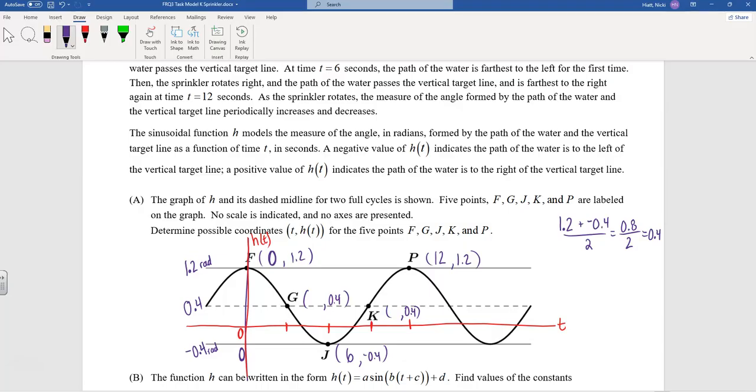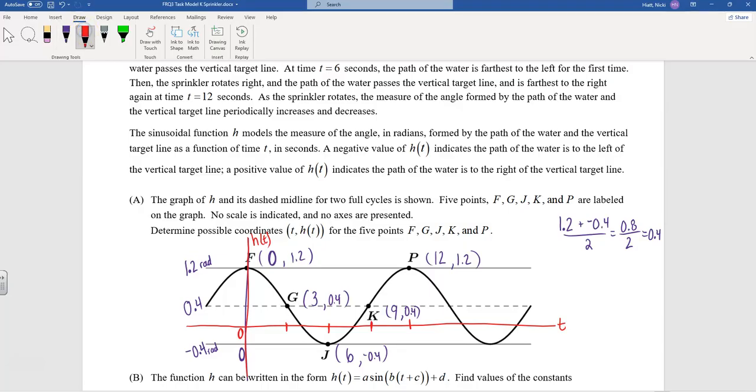Now, another way to do this, these numbers are a little easier on our x-coordinates, right? Because what number's halfway between 0 and 6? 3, right there. And halfway between 6 and 12 is 9, so you can probably do this a little bit more easily with these numbers because they're just nice, pretty whole numbers, right?